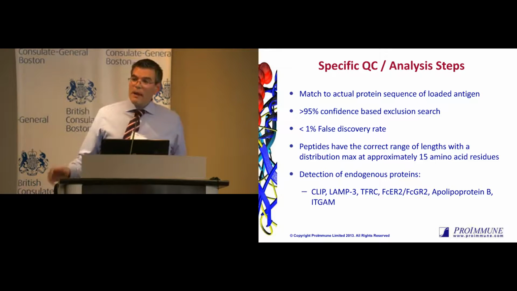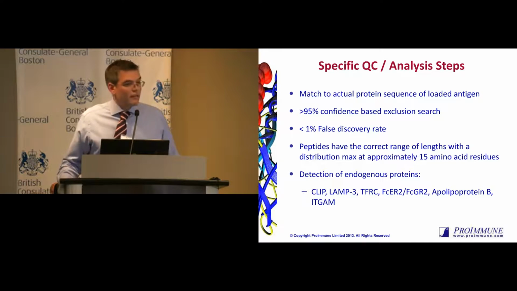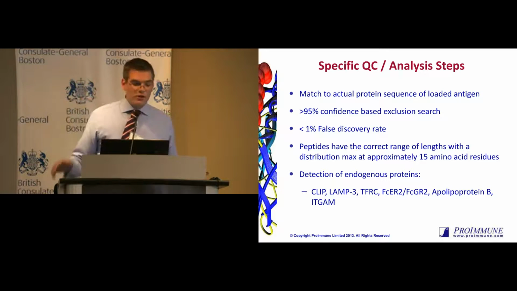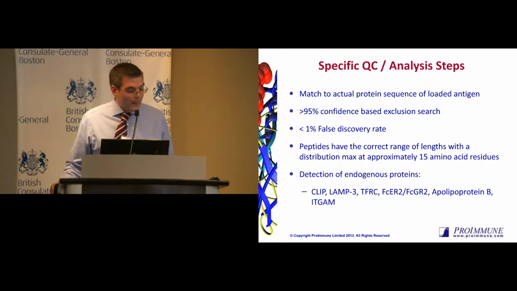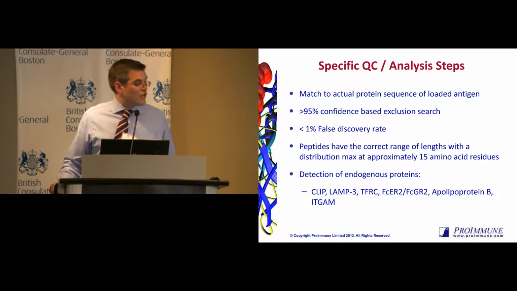When we look at the peptides that are identified in this methodology, we see that the peptides have an expected range of lengths of presentation, which typically is a distribution, but is typically around 15 amino acids. They can be slightly shorter, slightly longer. And we have a number of different criteria for our quality control. We're obviously looking at the characteristics of the dendritic cells.